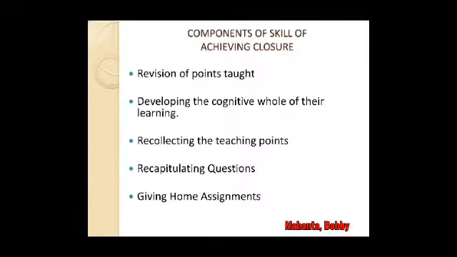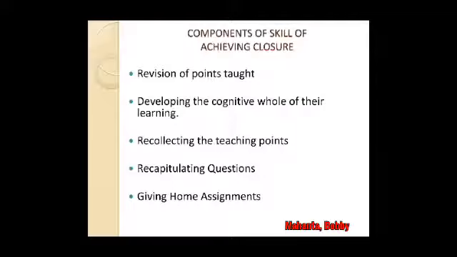Now in this case, the first component, as it has been listed out here, is revision of the points taught. And the second is developing the cognitive whole of their learning, as I have already stated. The next is recollecting the teaching points. The next is recapitulating the questions.